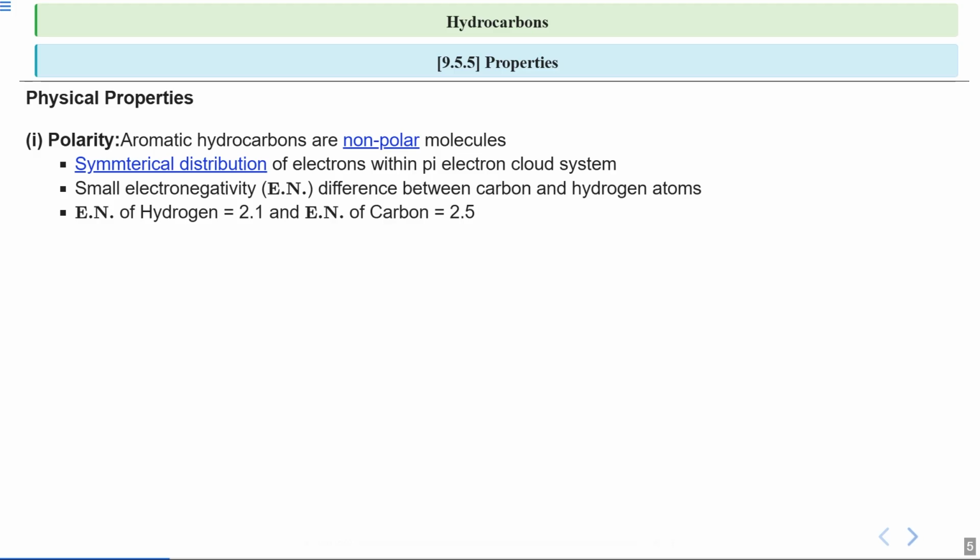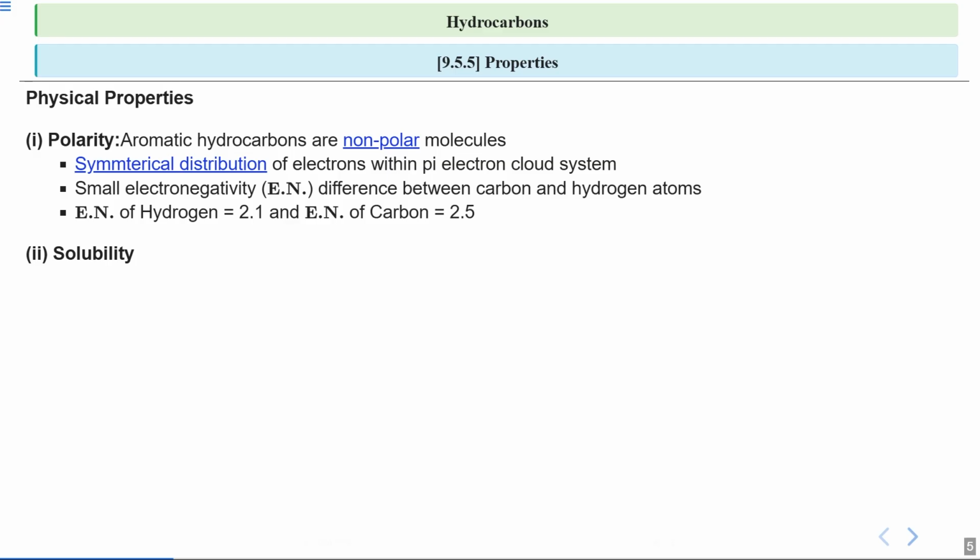The specific values: hydrogen's electronegativity is 2.1 and carbon is 2.5. Since the difference is only 0.4, it is not enough to create a significant dipole or separation of charge. This is why aromatic compounds don't mix well with polar substances like water.